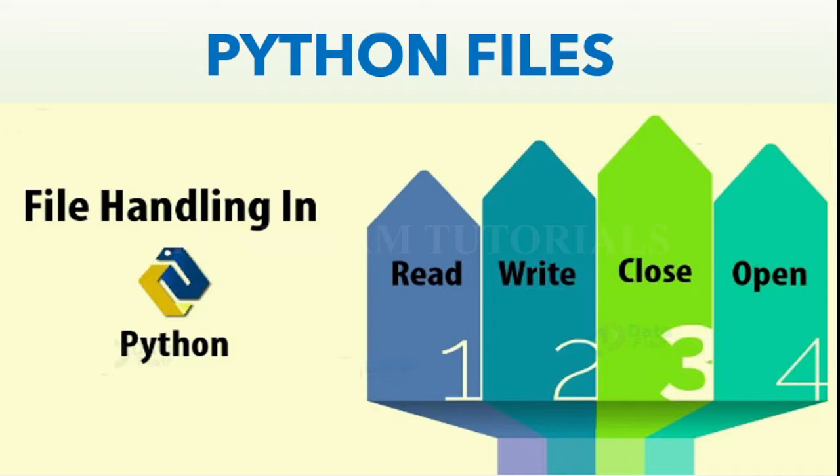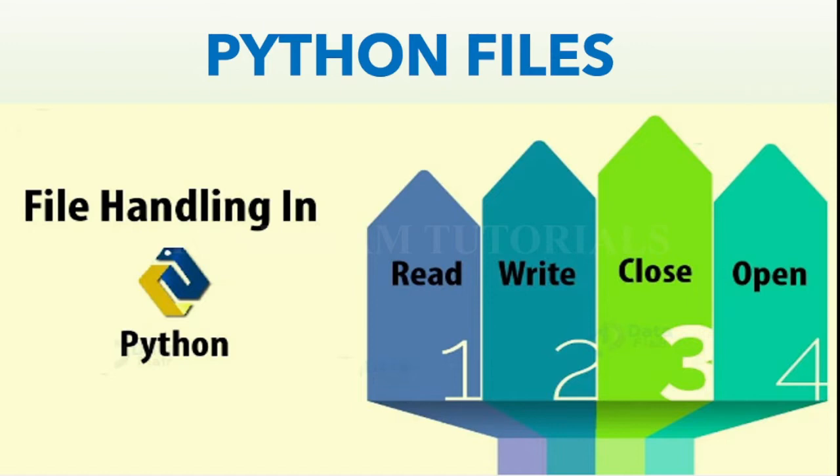In Python, files are represented in two modes, that is text mode or binary mode. The file may be in text format or binary format, and each line of a file is ended with a special character.